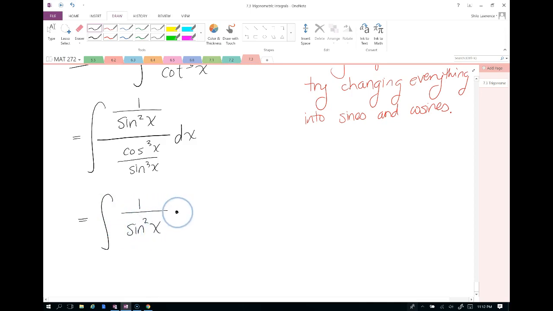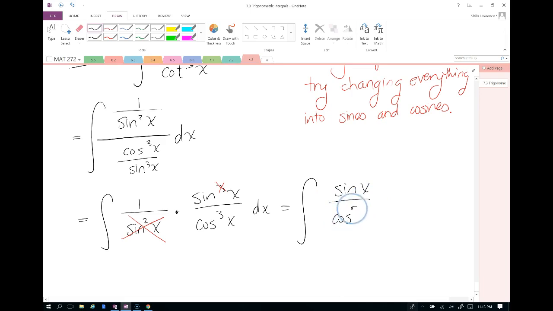And you always flip the bottom fraction. And you see a bunch of our sines are going to cancel out. I can cancel out sine squared with 2 of the sines from the top. And what we're left with is the integral of sine over cosine cubed.